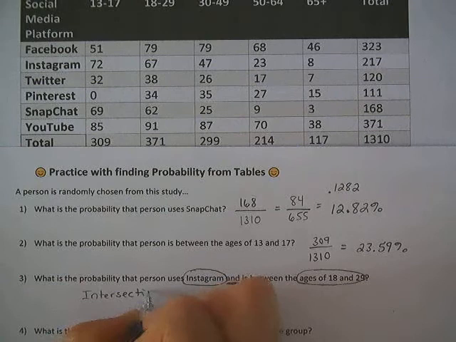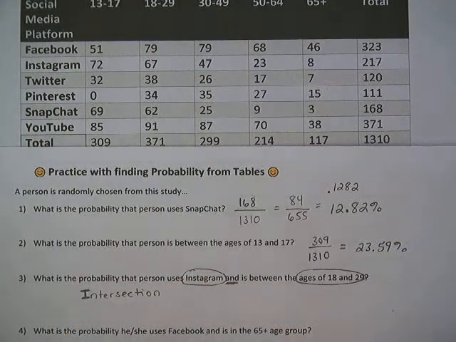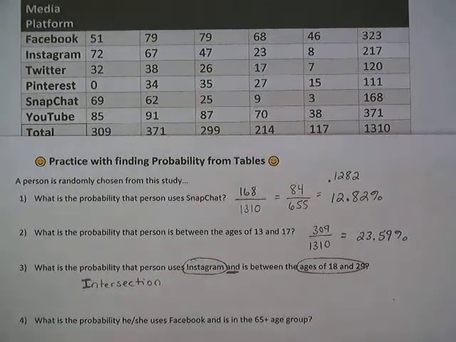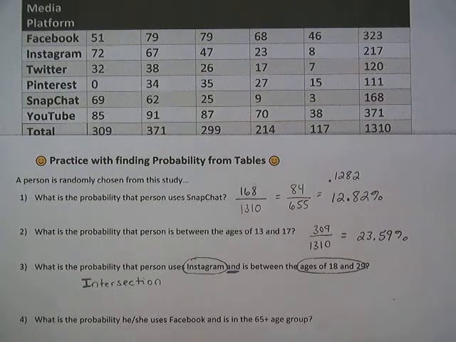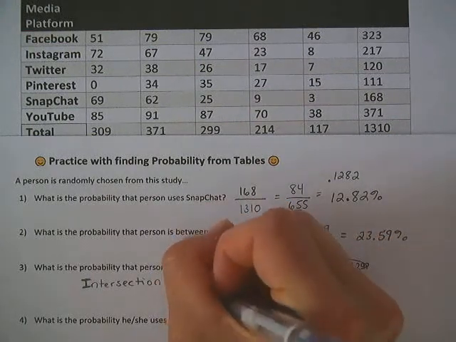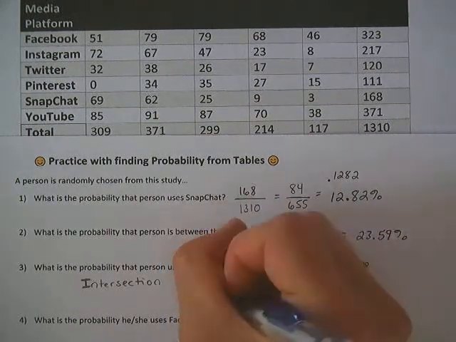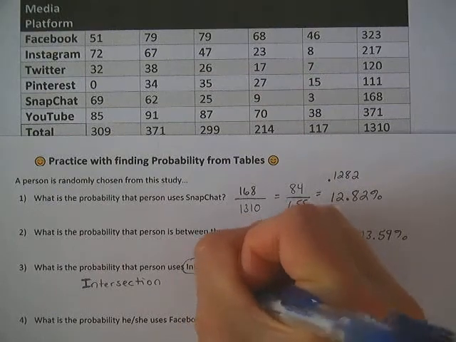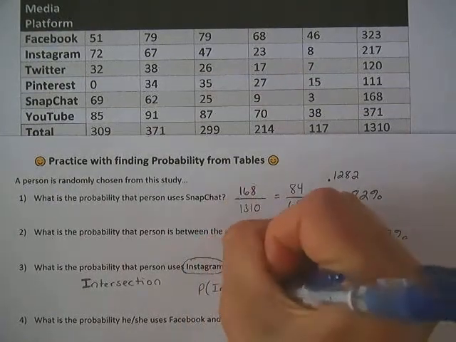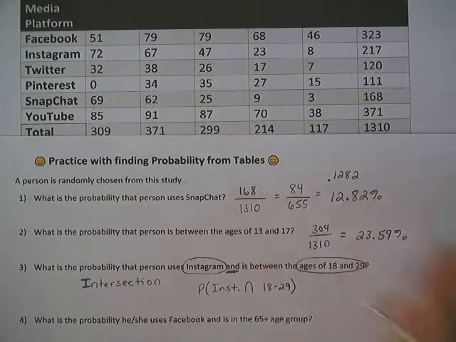And so remember, with intersection problems, you're looking for the likelihood of both of those things happening. The good thing with these table problems is they actually give you this information in the table. All you have to know is to know what to look for. So if we wrote the notation, which I do want you to get used to seeing, the way that they could write this using the notation would be, what's the probability that this person would have Instagram and be in that age group, okay?